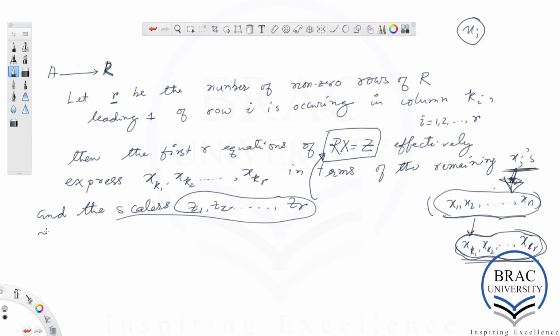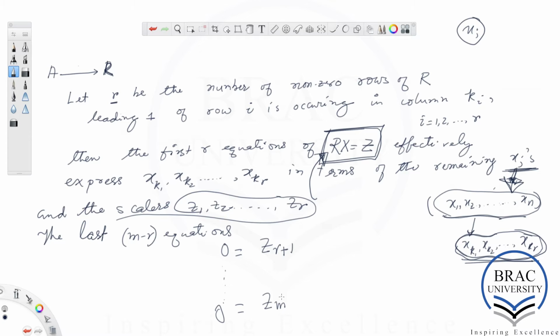For the zero rows, the last m minus r equations of the system are given by 0 is equal to z sub r plus 1, and finally all the way down to 0 is equal to zn. Good.